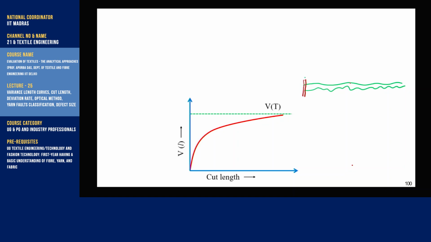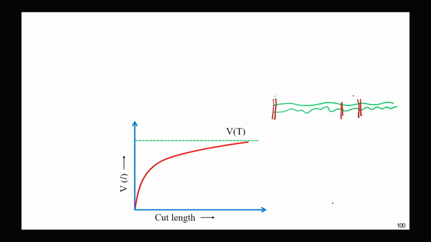So this 1 millimeter, although it's a very uneven yarn, if we take the small cut, this is the small cut portion, and this is say 1 millimeter.